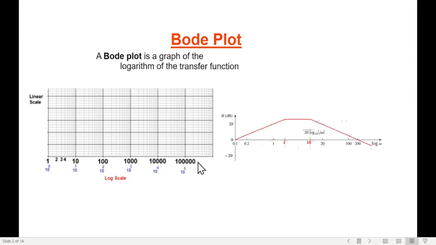This is the frequency scale in terms of a log, and this is the amplitude scale in terms of log or dB. And just an example is shown here. This is the shape of the Bode plot, dB on the vertical scale and the log of frequency on the horizontal scale.